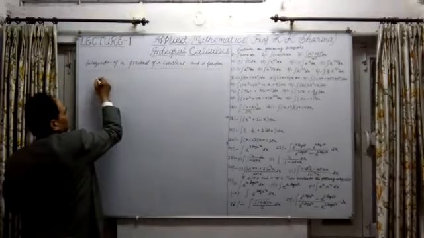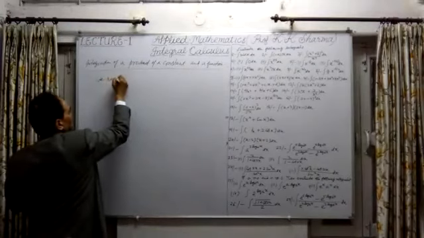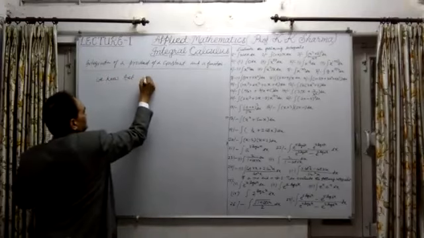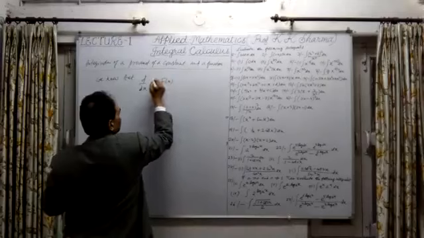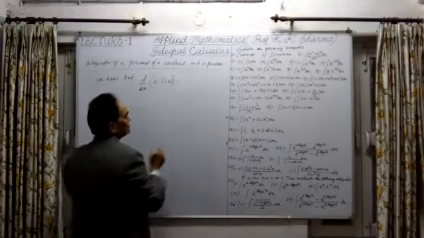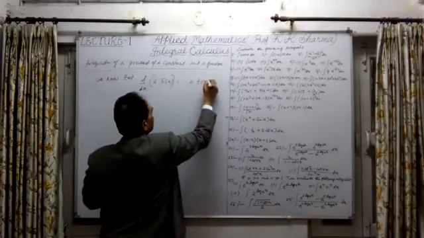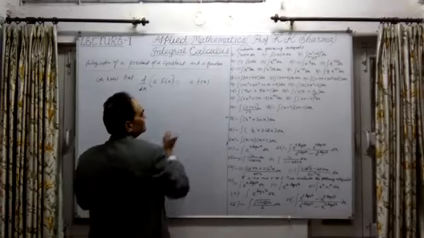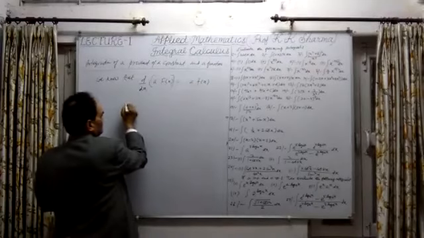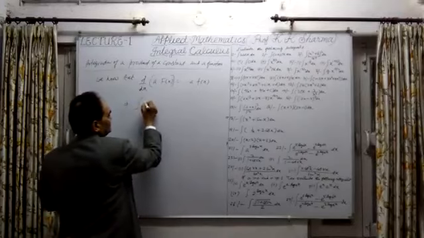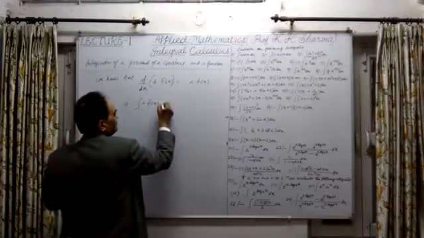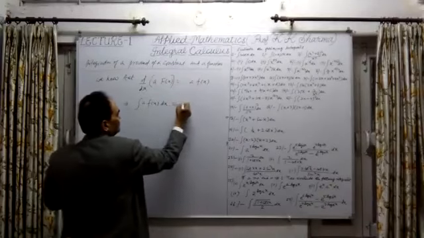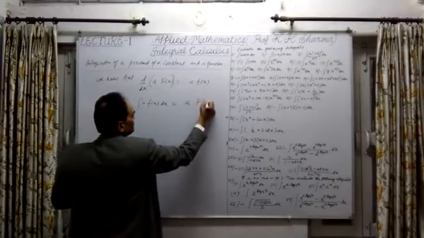Now we know that d/dx of a into f(x) is equal to a into f'(x), where a is a constant in multiplication. Therefore, the integration of a into f(x) dx is equal to a into the integration of f(x) dx.